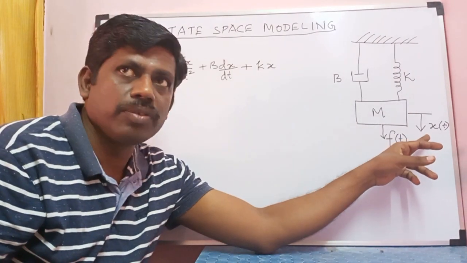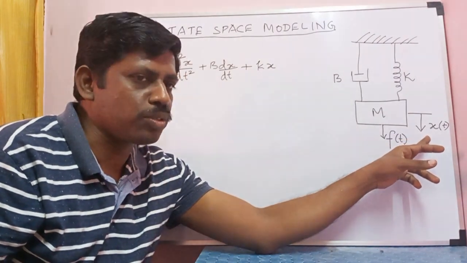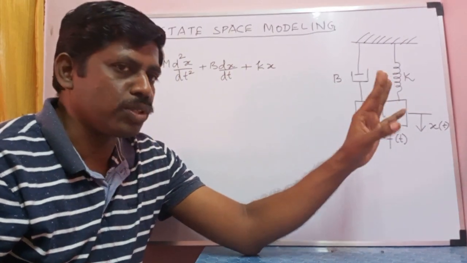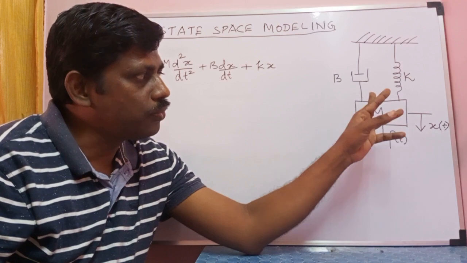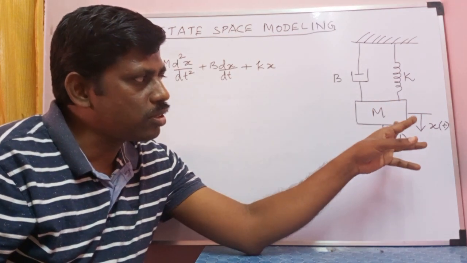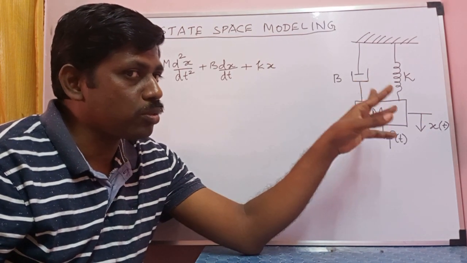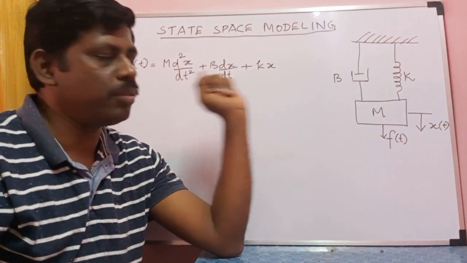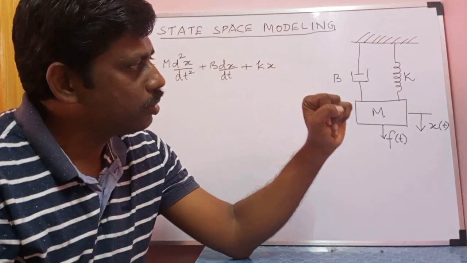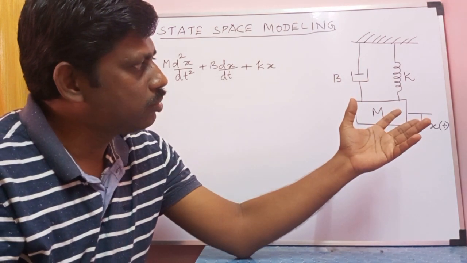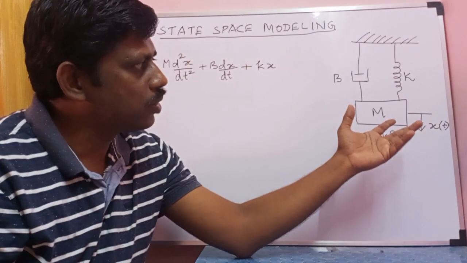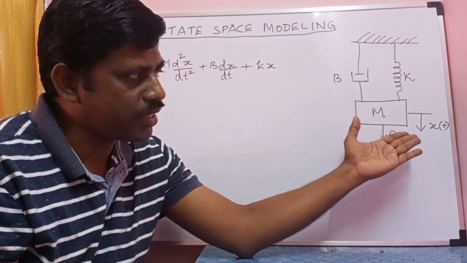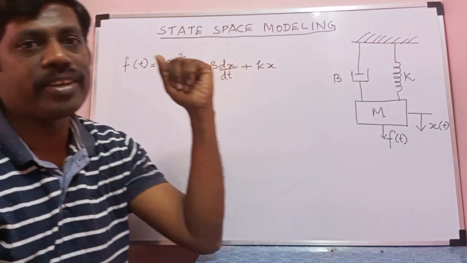Of course, if the displacement varies with respect to time, the velocity is also going to vary with respect to time. And if velocity is going to vary with respect to time, acceleration is also going to vary with respect to time. Therefore, the variables associated with this system are x of t, v of t, and a of t.